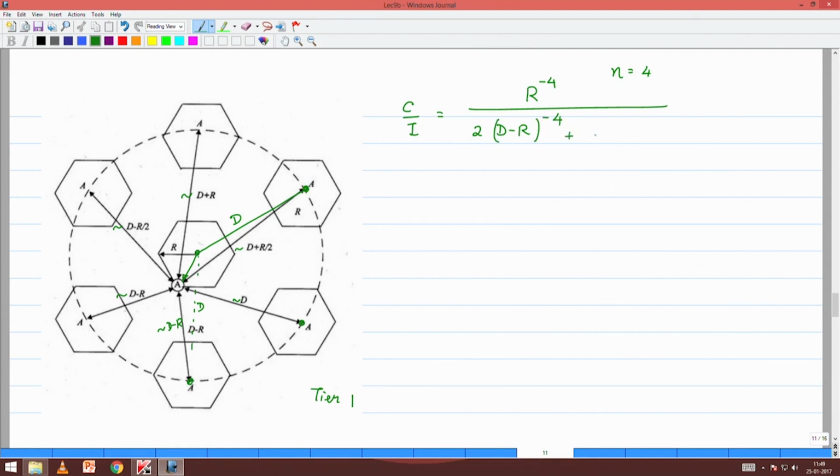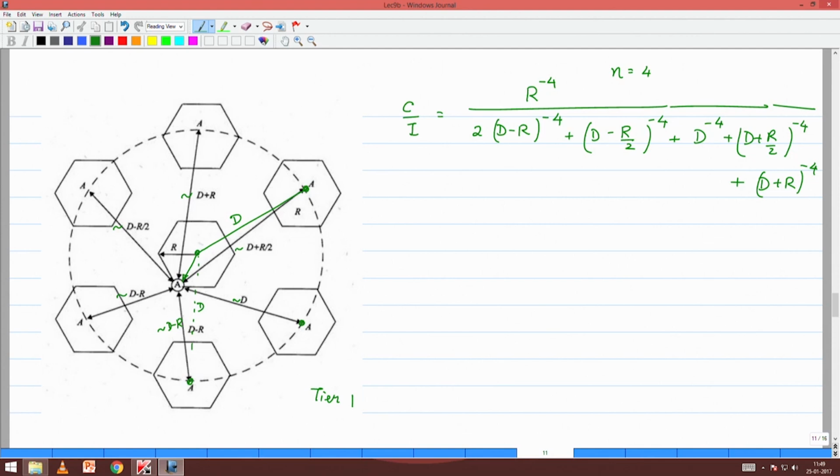There is one base station at (D minus R by 2) raised to the power minus 4, plus D raised to the power minus 4, plus (D plus R by 2) raised to the power minus 4, and one more term, 2 times (D plus R) raised to the power minus 4. Do I get 6 interferers? 2, 3, 4, 5, 6.